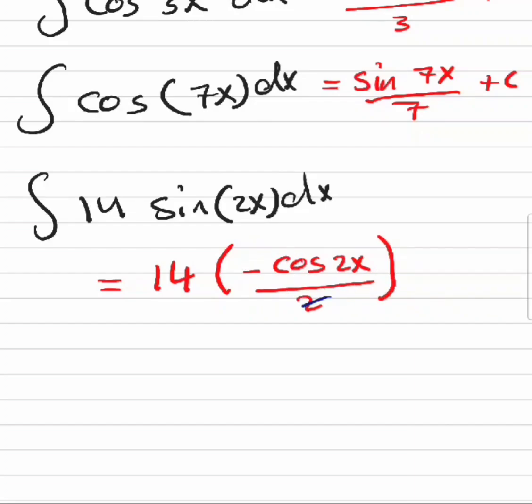So we can reduce that to negative 7 cosine 2x plus c. 14 divided by 2 is 7.